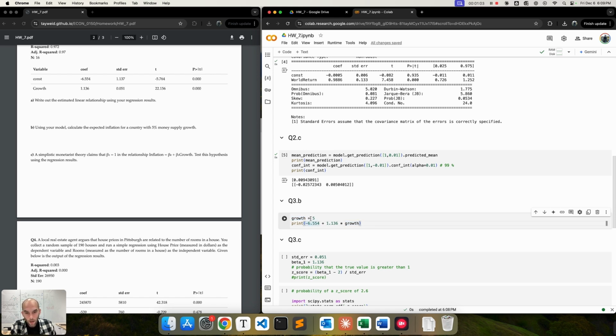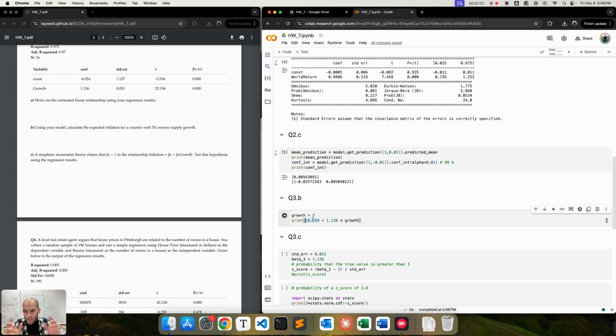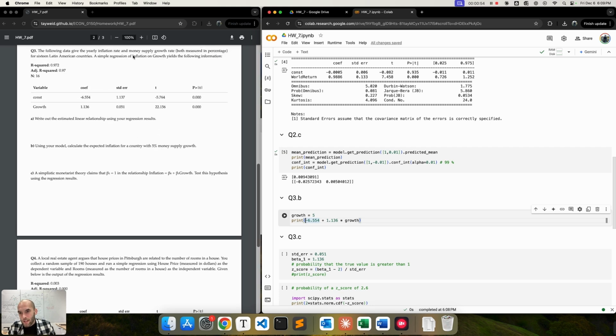Running this would print out the predicted y variable, which in this case is inflation. So we plug in the growth that we're looking for, and that will spit out the y variable, which is inflation.